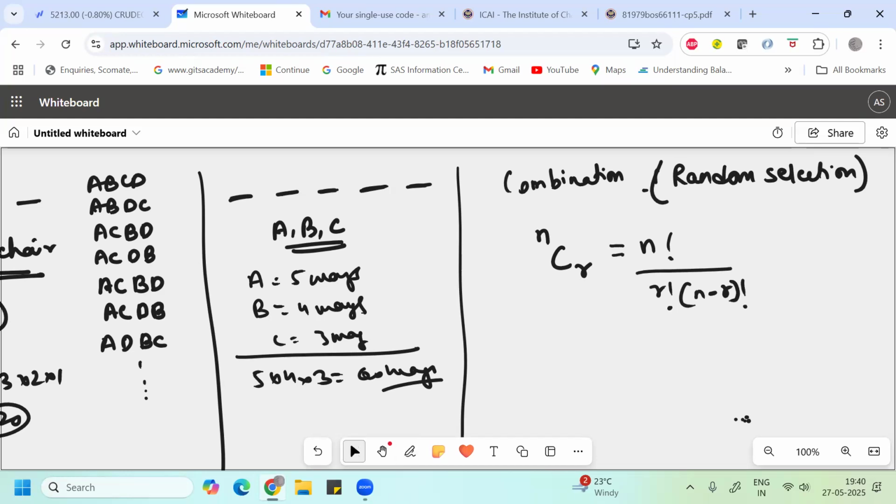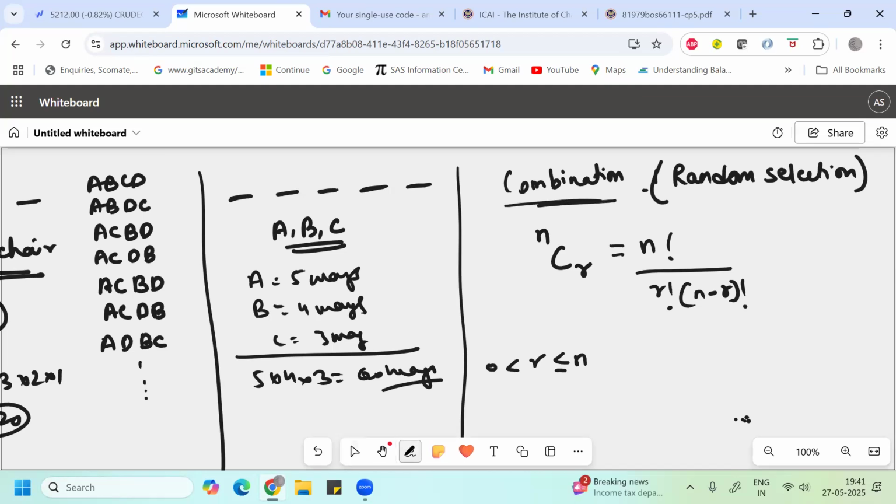So imagine if you have n objects, n should be a positive integer and r should again be a positive integer and not more than n. So the value of r is less than or equal to n. Okay, so n and r both are positive integers when you talk about combination, and this would be the formula of combination.